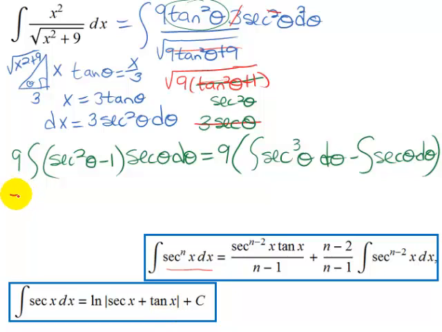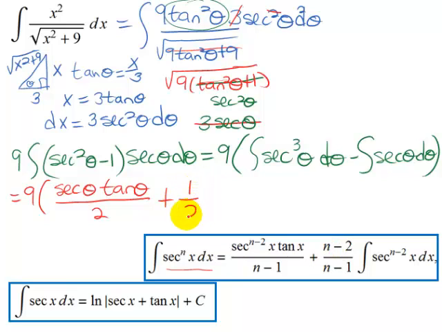So this is going to be 9 multiplied by secant theta tangent theta over 2 plus, since our n is 3, 1/2 the integral of, if we had 3 minus 2, that would leave us secant theta d theta.